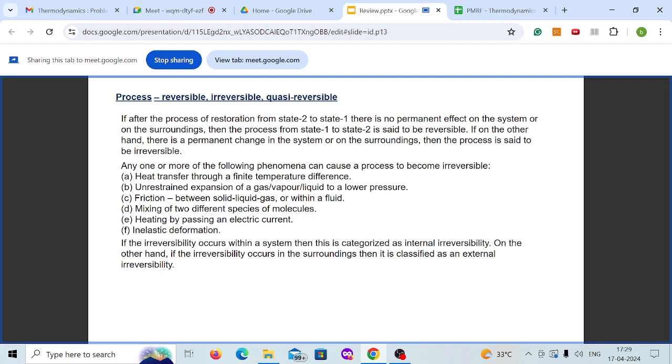Inelastic deformation. These are all examples which can make a system irreversible. If the irreversibility occurs within the system, it is categorized as internal irreversibility. If it occurs in the surroundings, that is external irreversibility.